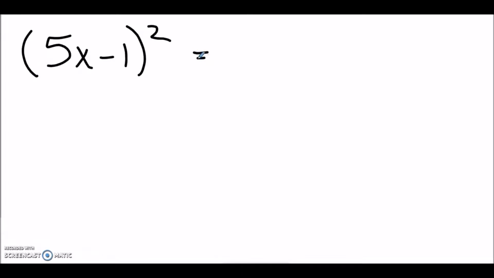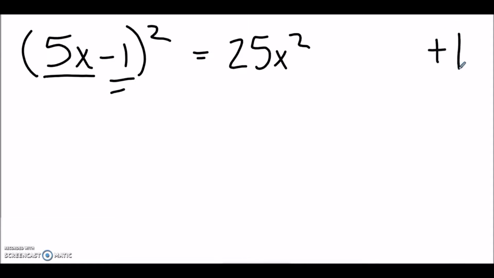Let's try one more, and we'll call it the end for this video. So, in my head, I'm thinking I have to square 5x, that's 25x squared. I might go ahead and just square the negative 1, that's a positive 1.